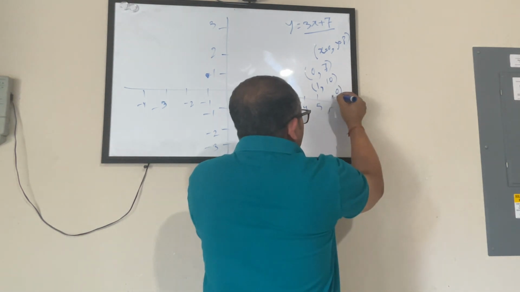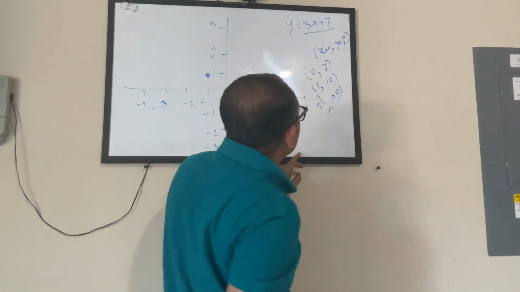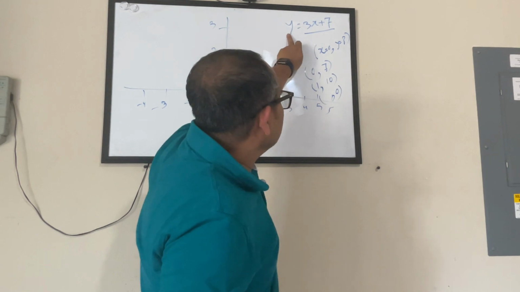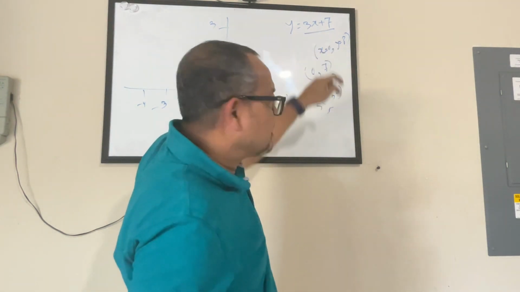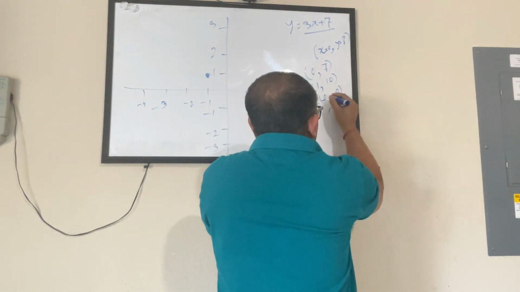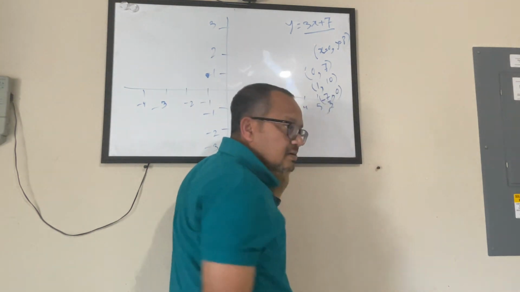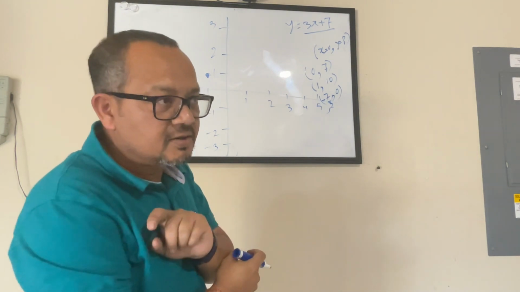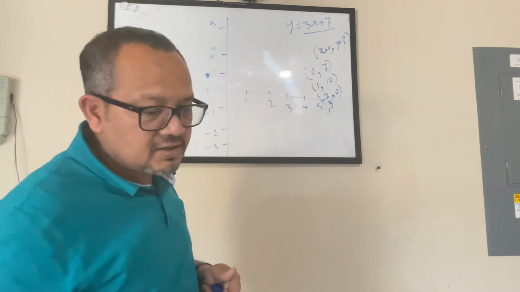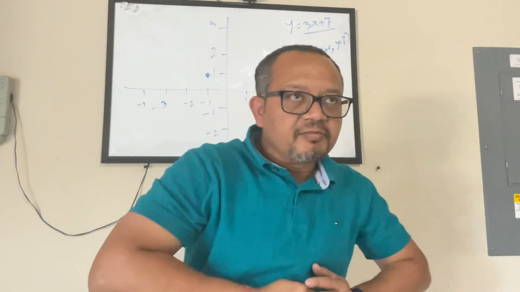I am putting y as 0. What is the value of x in that case? If y is 0, x will be equal to minus 7 by 3. Agree? If y equals 0, then x would be negative 7 by 3.